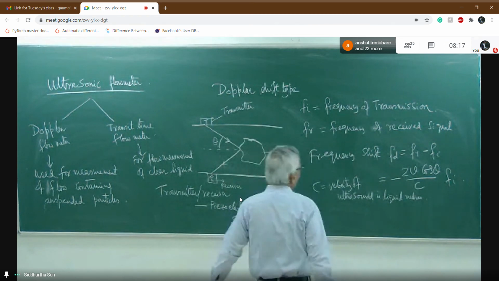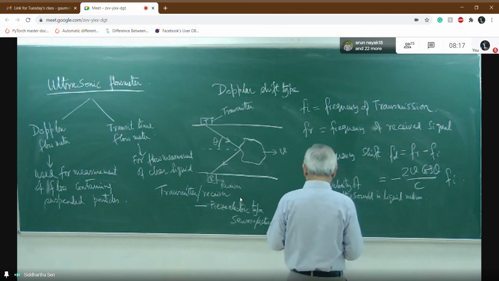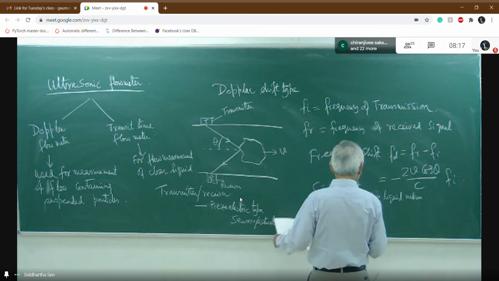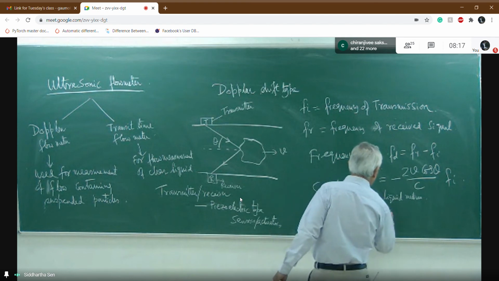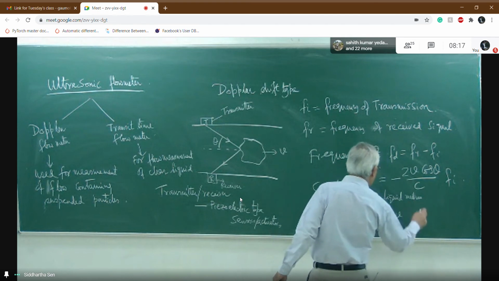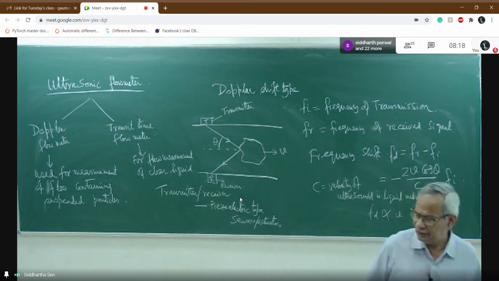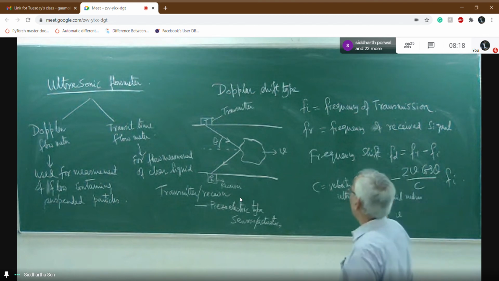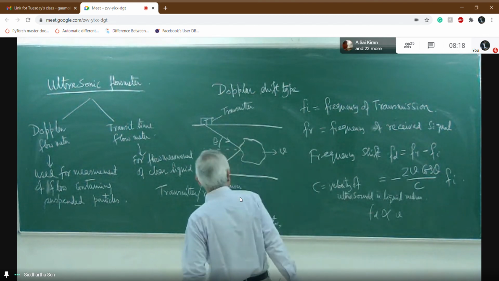So by measuring the frequency shift, we can say that Fd is proportional to V. So the velocity we can measure in this way by measuring the frequency difference.